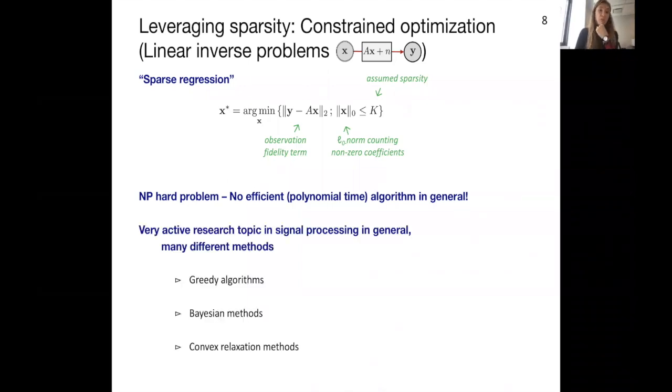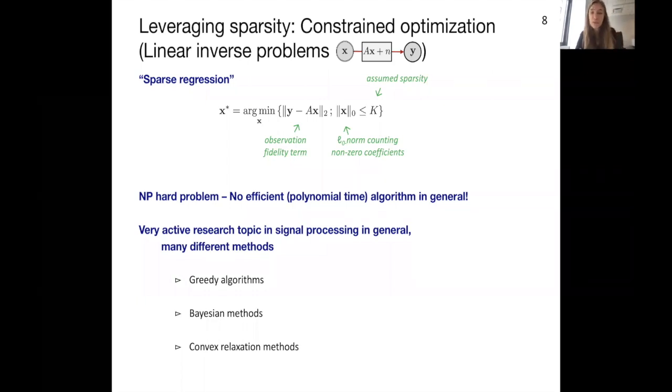So as a result, it's a very active area of research in signal processing, and there are many different types of algorithms to try to solve this sparse regression. I'm definitely not an expert on all of them, but I can just mention a few. So greedy algorithms will try to find serially what are the components in the sparse representation that contribute the most to the observation and discover them one after the other.